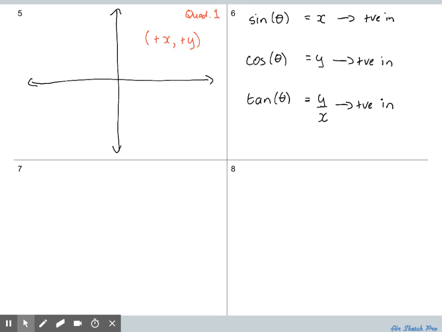And in the second quadrant, that's this quadrant here, the x coordinate is negative and the y coordinate is positive. So everywhere in this quadrant, we have negative x and positive y coordinates. Moving on through the quadrants, in quadrant 3, x is negative and y is negative.